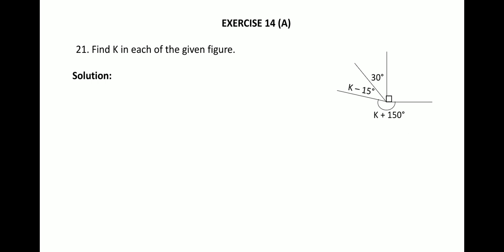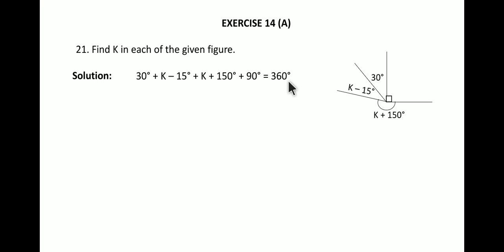So we'll take first this angle 30 degrees plus k minus 15 degrees, then k plus 150 degrees, and this one is 90 degrees, that is plus 90, which becomes equal to 360 degrees.